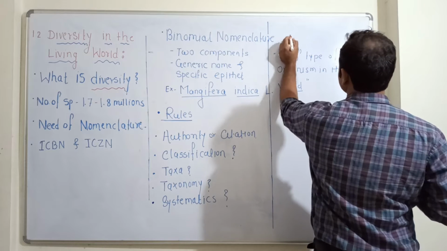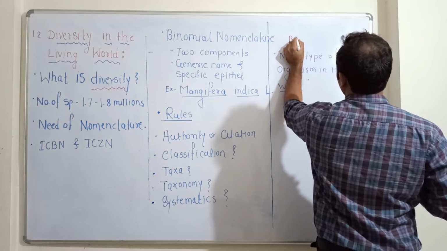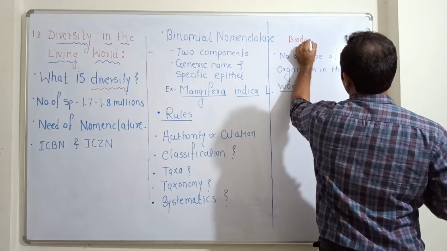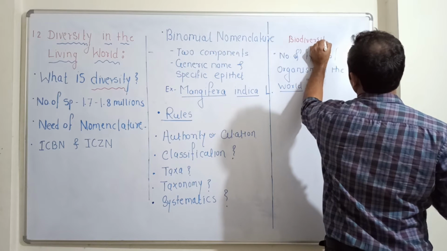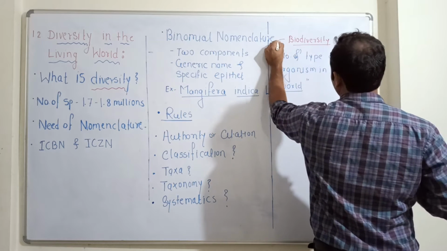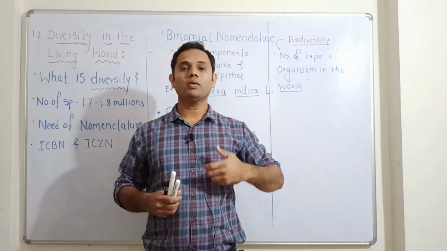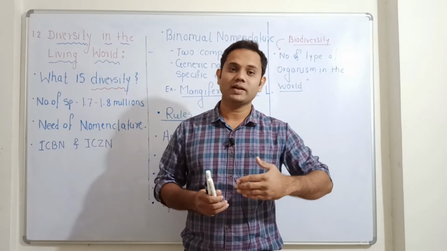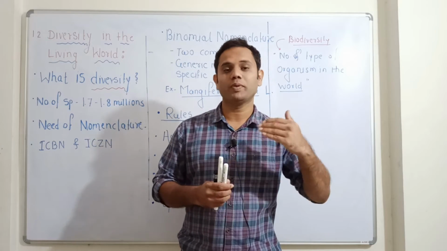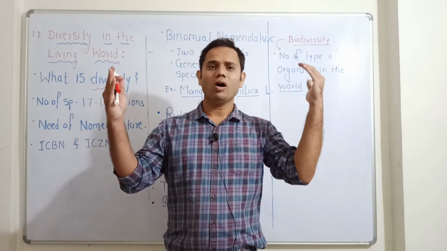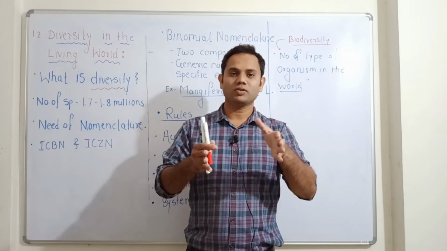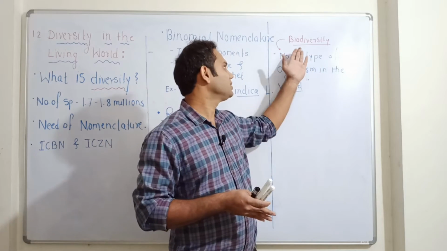That is the definition of biodiversity. Biodiversity is the number and type of different organisms, all the organisms which exist on this earth.